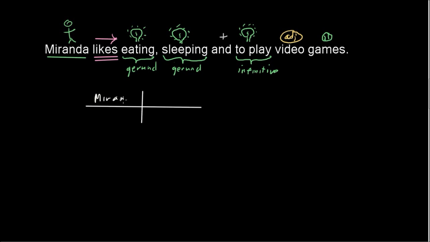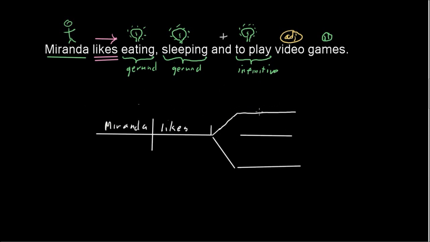We have the intersecting vertical line, which separates the subject from the verb likes. And then we have an interesting combination of three objects. Our two gerunds and our infinitive. So we divide our lines up like this.